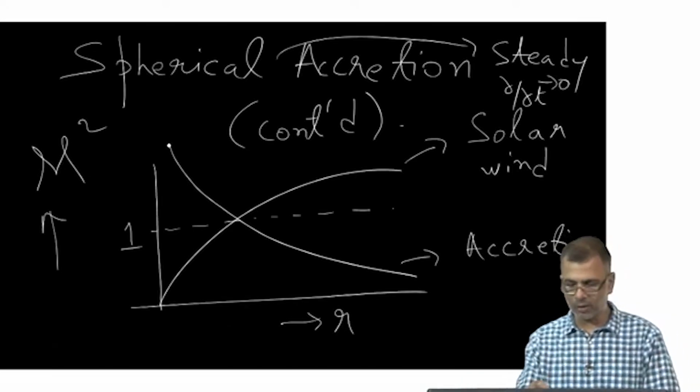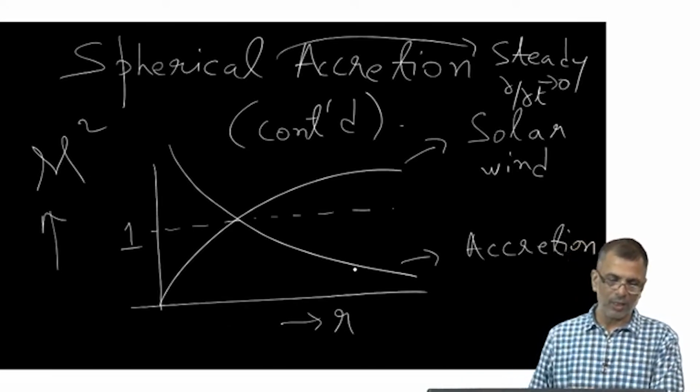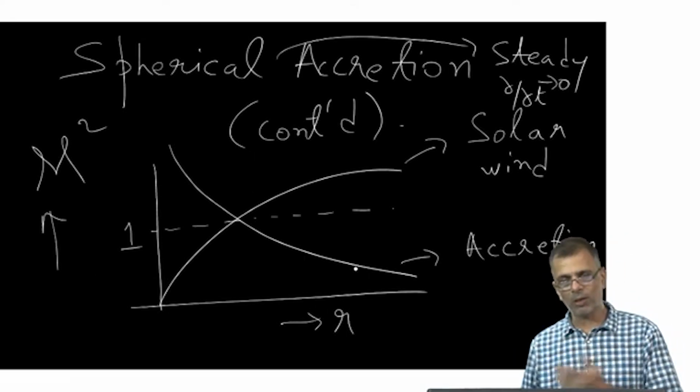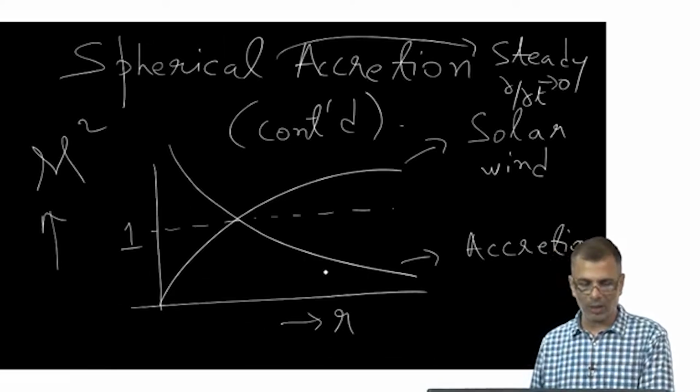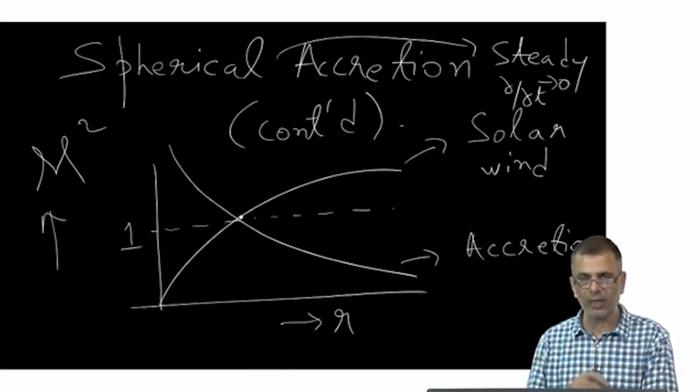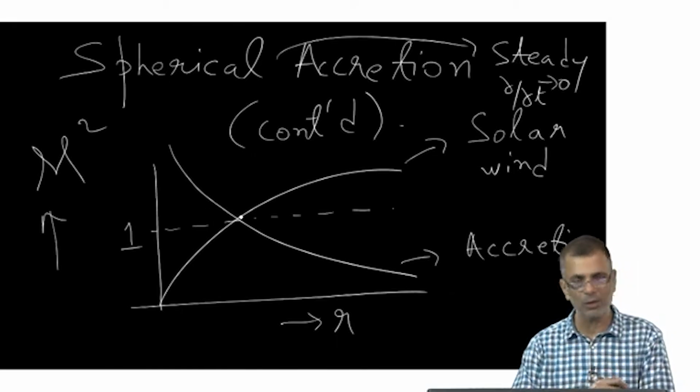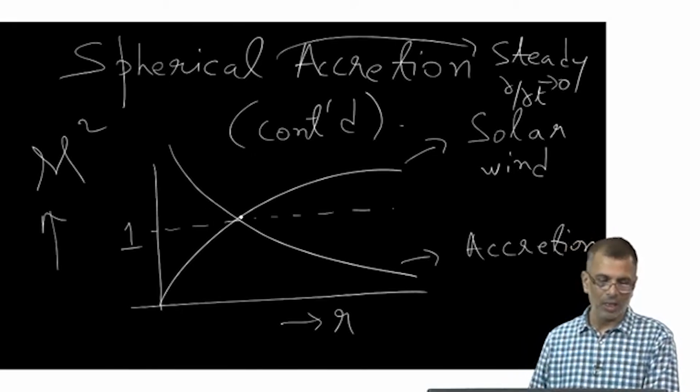So we are now discussing this solution. We won't bother going over the behavior of the slope at this point and what the sonic point means, because we have already discussed these things.